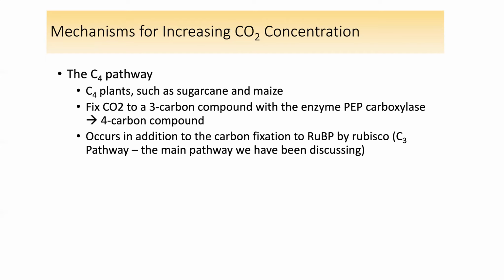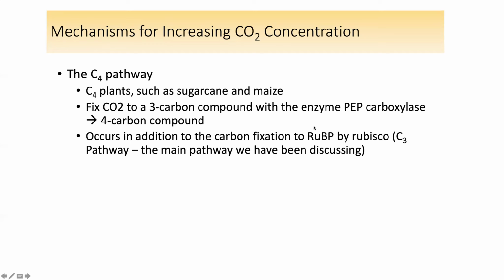So in the C4 pathway, this is one that we're going to see in our sugarcane plants and things like corn or maize. So plants, again, that are trying to adapt to a hot, dry climate. What we're going to see is that they're going to fix the carbon dioxide to a different 3-carbon compound with an enzyme known as PEP carboxylase.